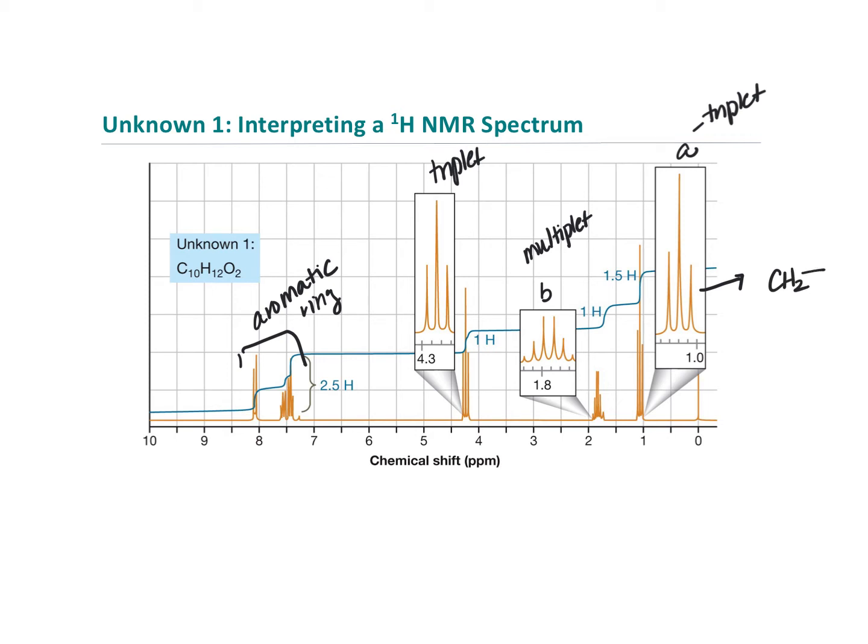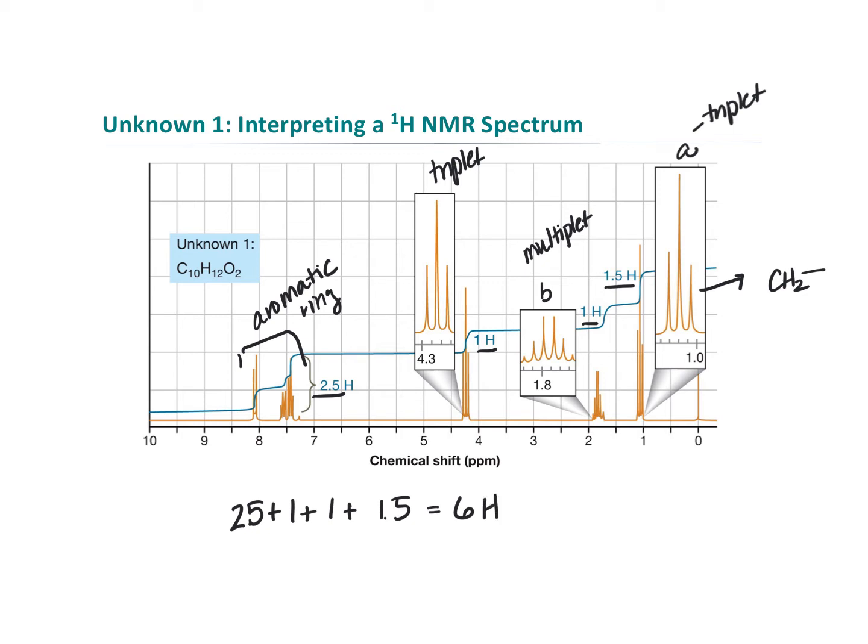Because that's what's going to give us our splitting. Now, I'm going to look at the integration here, and if I add that up, 2.5 plus 1 plus 1 plus 1.5, that gives me 6. I had to take a moment and double check my math. That gives me 6 protons.